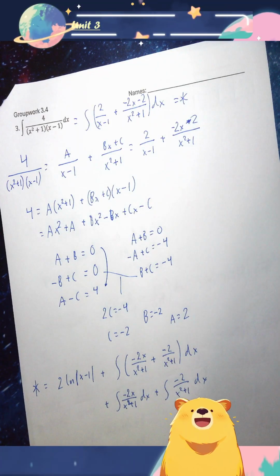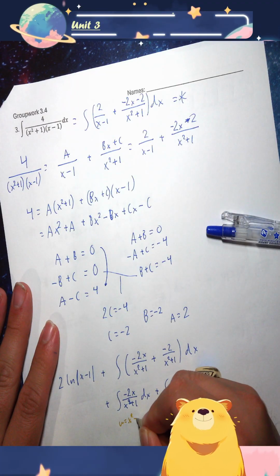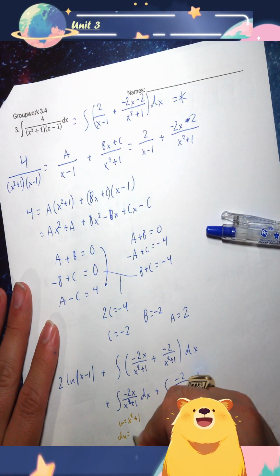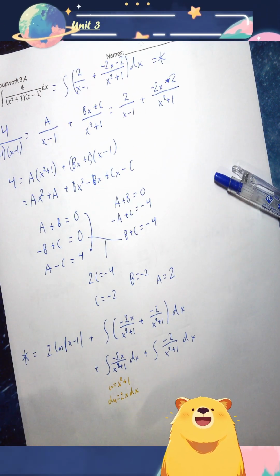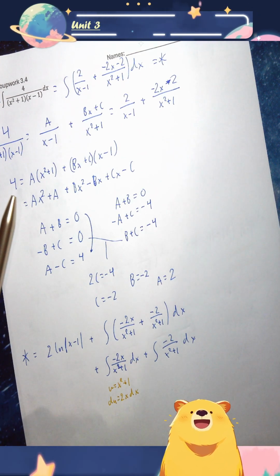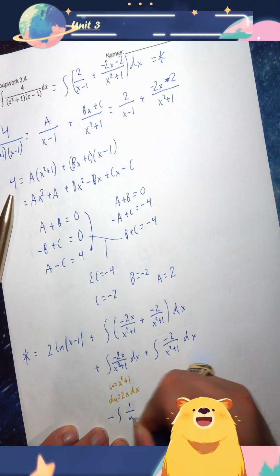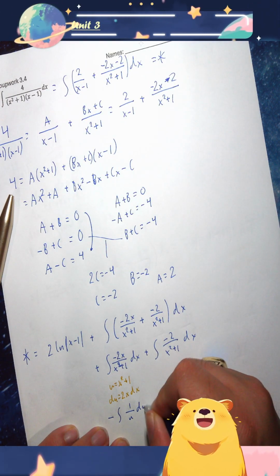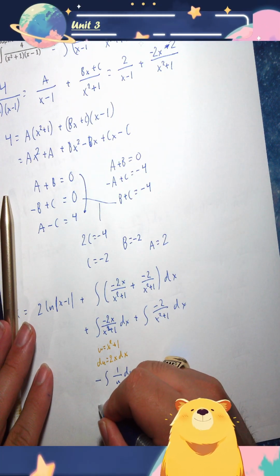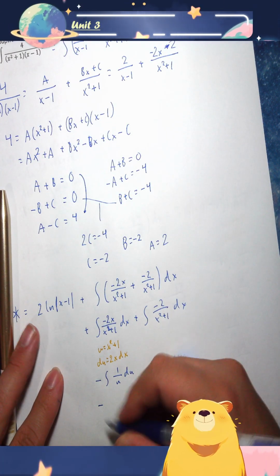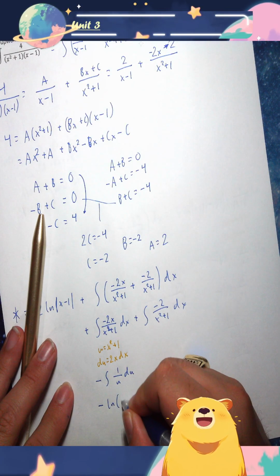Over here, I'm just going to do it in a different color. u is equal to x squared plus 1. du is then equal to 2x dx. All of that does appear, so we can right away just use that and get negative integral 1 over u du. And we get negative ln of u.